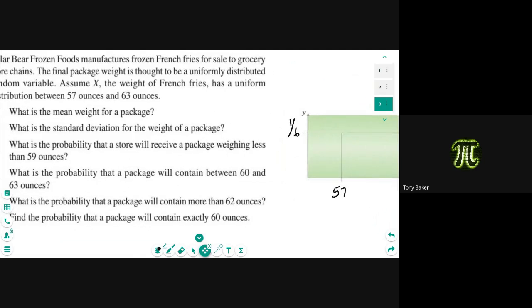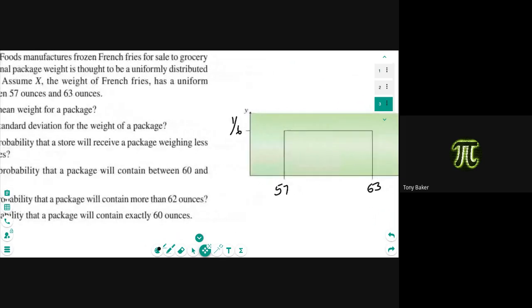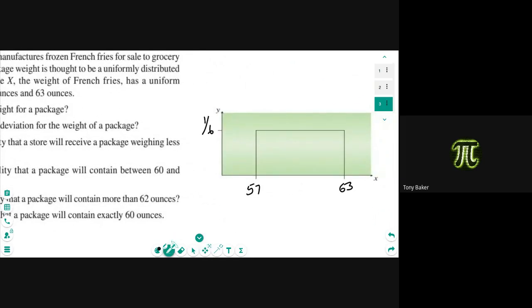All right, so the next question says, what is the mean weight for the package? So what was the formula for mean? 63 plus 57 divided by 2, which should be 60.